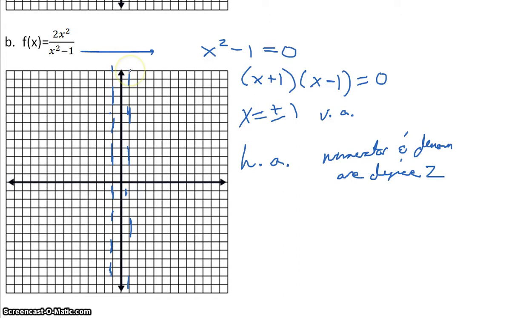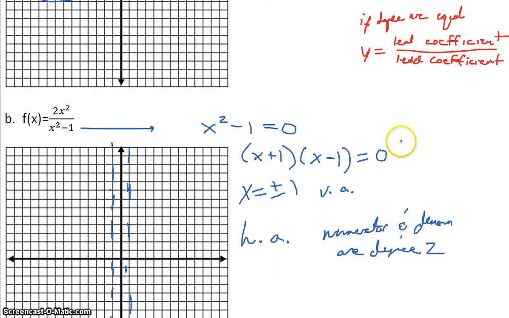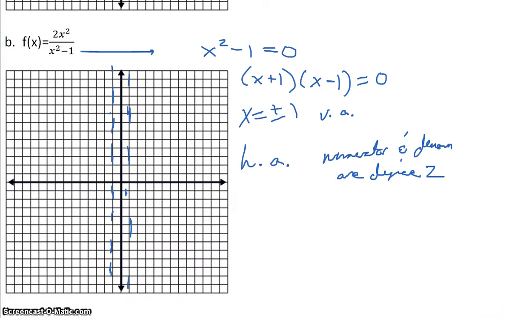Okay, this first part, the numerator, has a degree 2 in it. The denominator has a degree 2 in it. So they're both degree 2. So how do we deal with that? Well, I said it's a lead coefficient over a lead coefficient. Well, what's the lead coefficient in the numerator? Well, the lead coefficient in the numerator is 2. What's the lead coefficient in the denominator? It's 1.